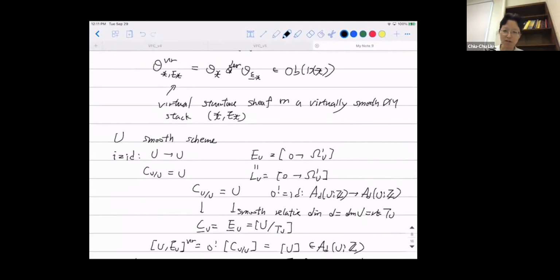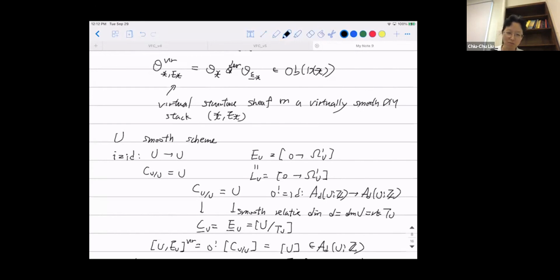So it's a vector bundle stack, which is the following. You take U, which can be viewed as a rank 0 vector bundle over U, and TU is a rank D vector bundle over U, where D is the dimension of U. There is a map from TU to the rank 0 vector bundle, and you model it fiber-wise by the action of the tangent space on a 0-dimensional point.